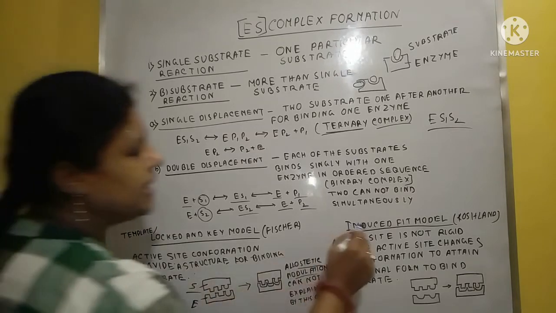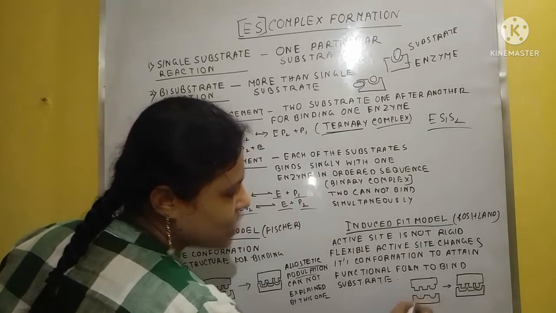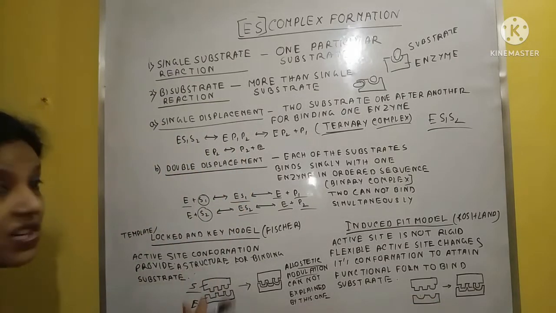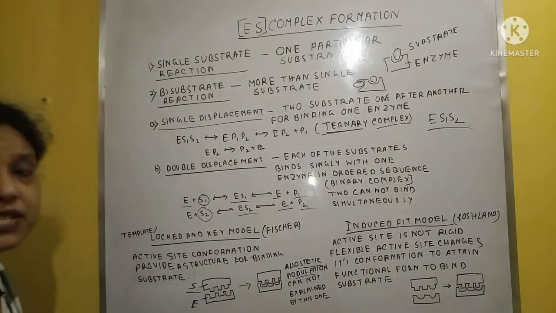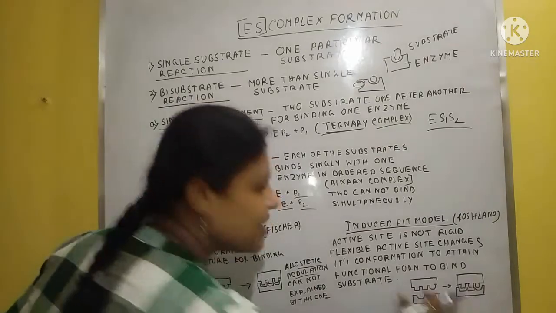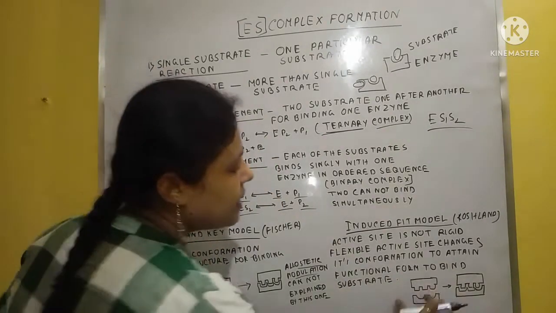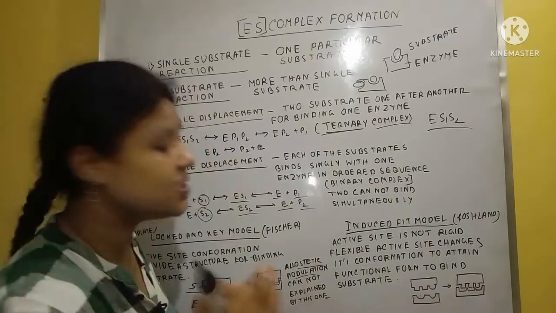Next, the induced fit model. According to the lock and key model, the enzyme is a rigid structure, but according to this model, the enzyme is not rigid and is not previously structured for binding a particular substrate. The substrate has a particular conformational structure.